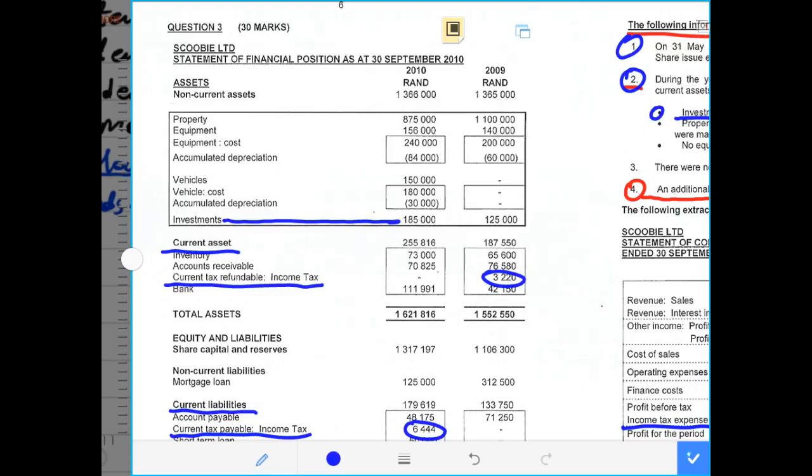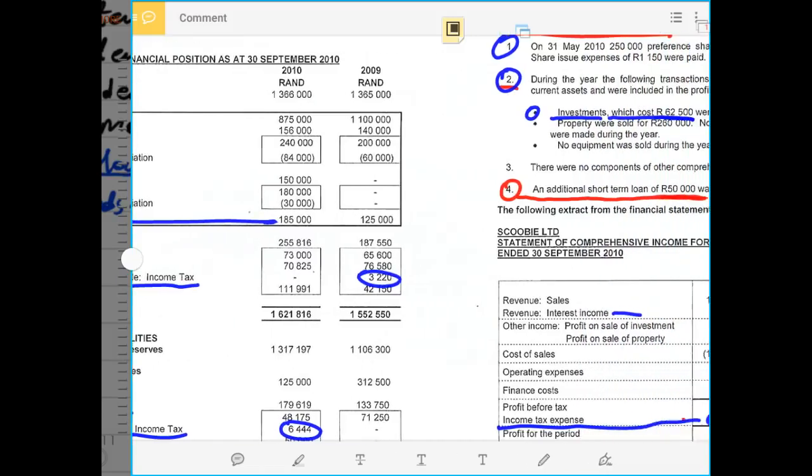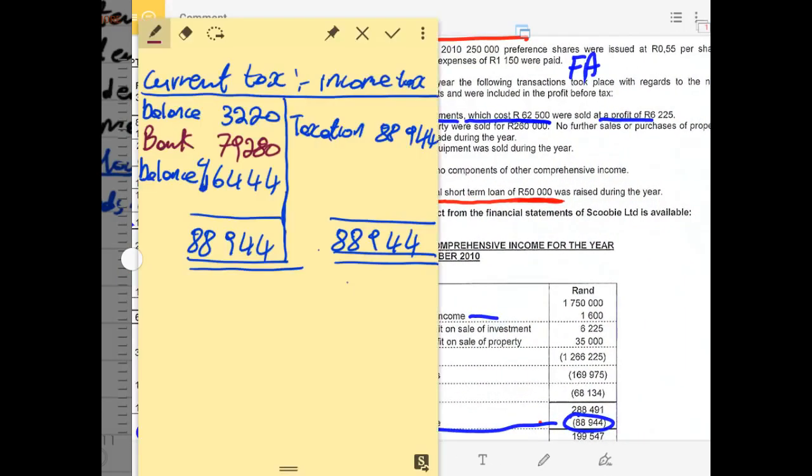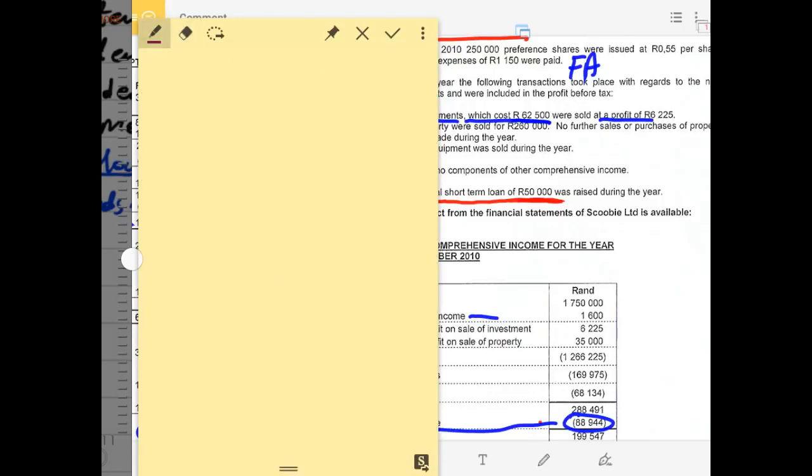In this case, the money that was received on the sale of this investment will be the cost of the investment, which was 62,500, plus the profit of 6,225. Why am I adding the profit?